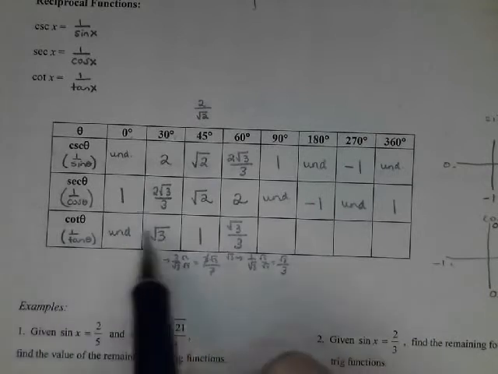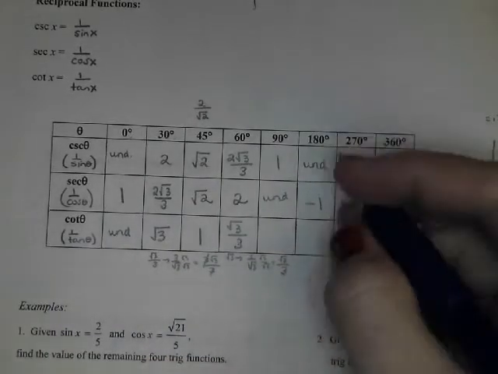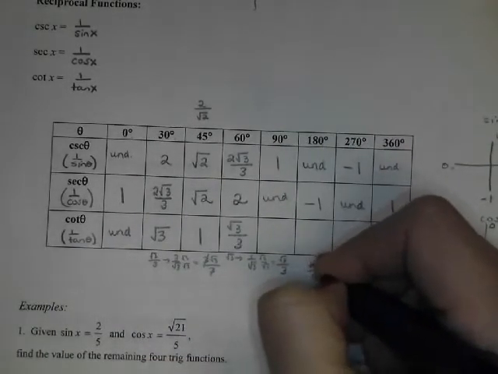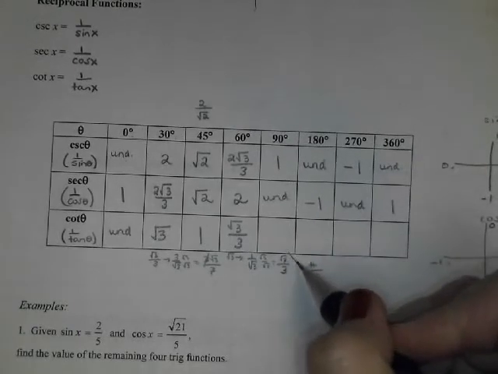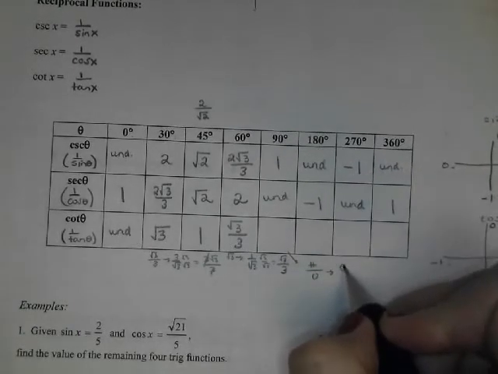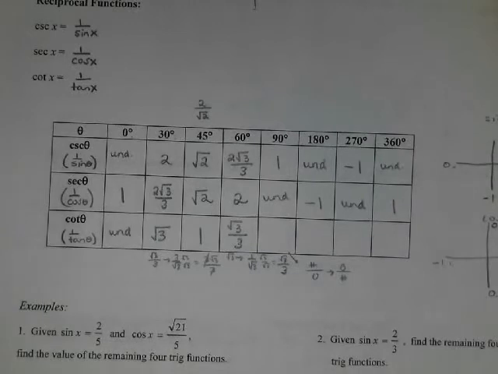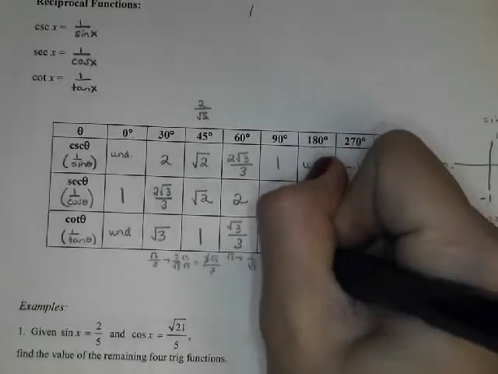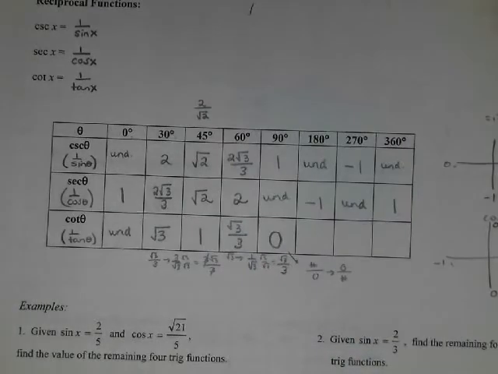And then the tangent of 90 was undefined, which is a number over 0. If you flip that, then that becomes a 0 over a number. So the reciprocal of undefined is a 0. Just like the vice versa, the reciprocal of 0 is an undefined.